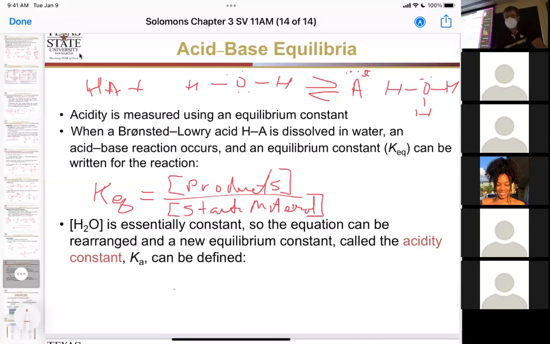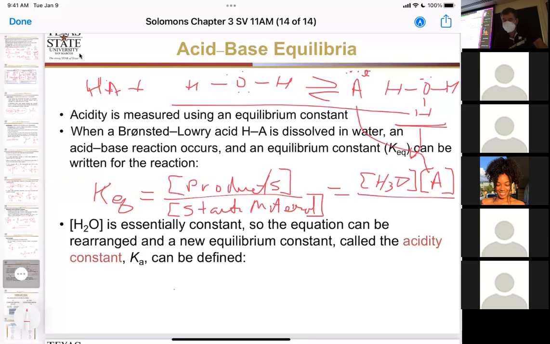Okay. So in the case of our acid-base reaction up here, we actually have to do the concentration of hydronium ion, because that's a product, the concentration of whatever the conjugate base is, divided by the concentration of water initially and the concentration of the acid initially. Okay, so when we do this with things that transfer with the hydronium ion, when we do things with water, we can actually cancel out the concentration of water because there's so much of it.